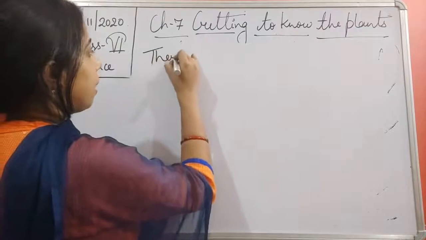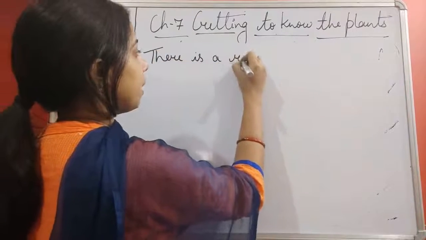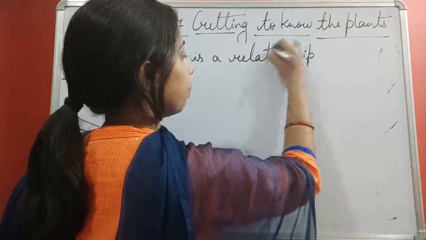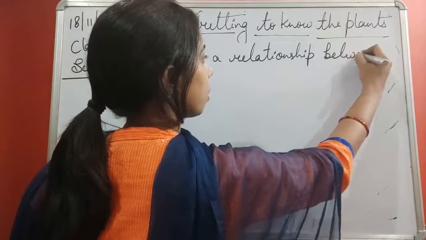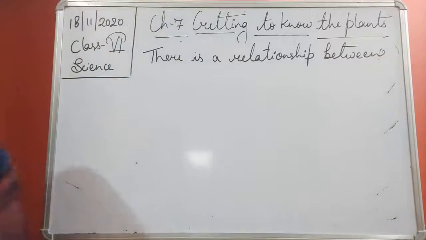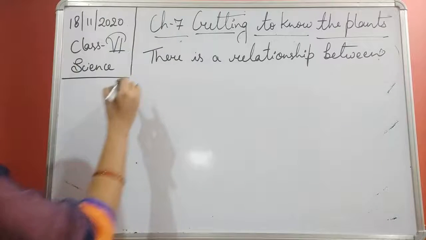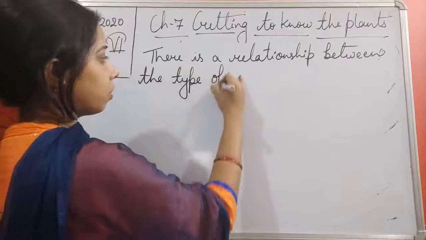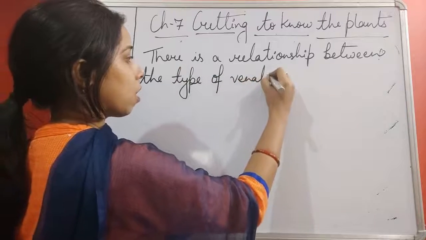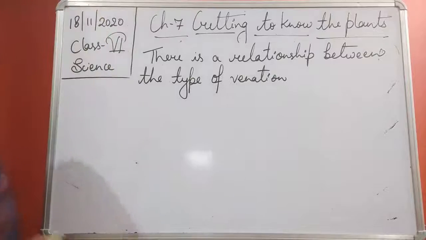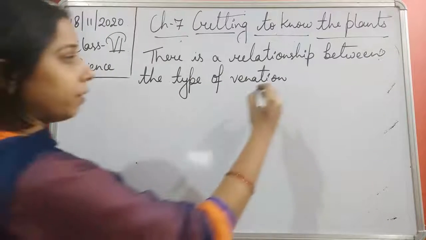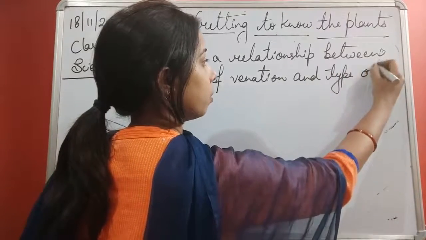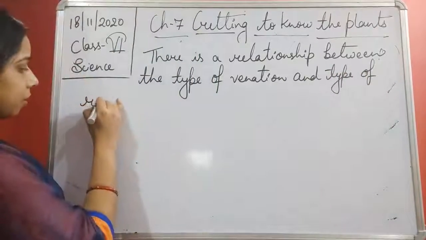So we can write it: the relationship between the type of venation and type of roots in plants.